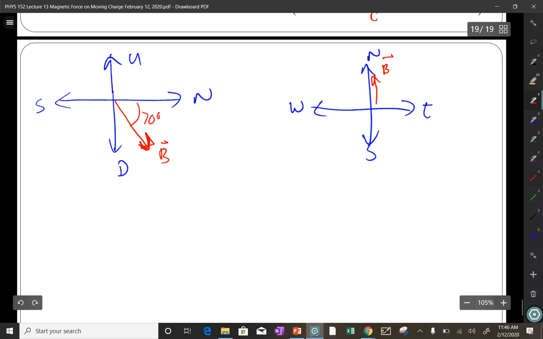And my velocity in this picture is going like this. Here's up, there's north, and so east is that way.